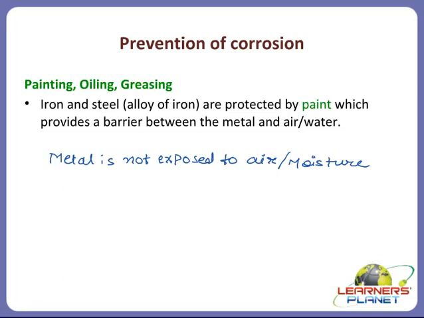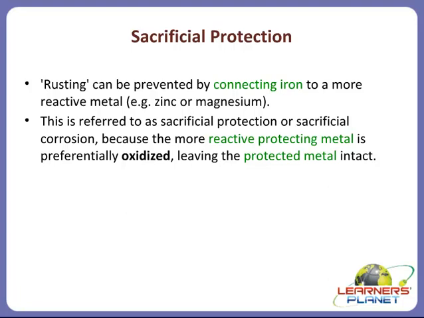Now let's take some other method. This is sacrificial protection. Sacrificial, as the word indicates, means the other metal is being sacrificed. Rusting can be prevented by connecting iron to a more reactive metal.